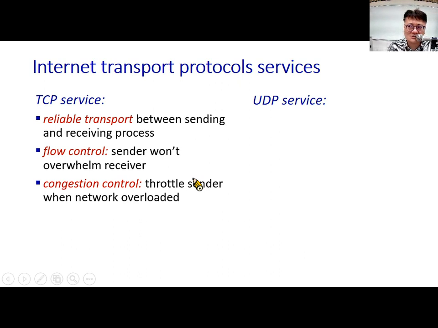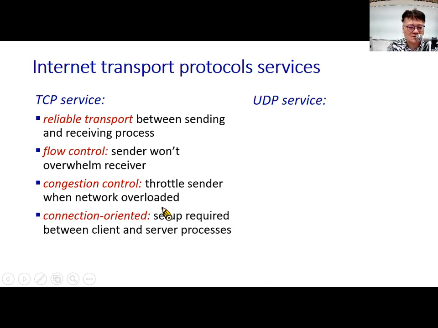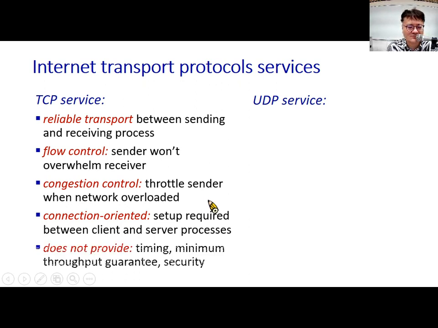Also in TCP we have congestion control, which throttles the sender when the network is overloaded. And it is connection oriented: we have to set up a connection between the client and server process in the TCP service.